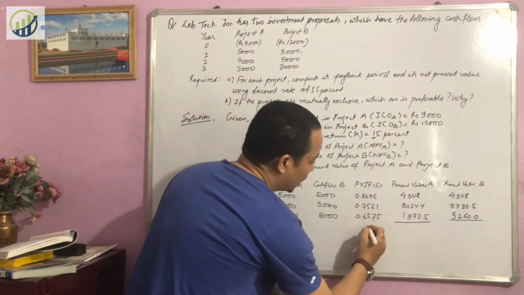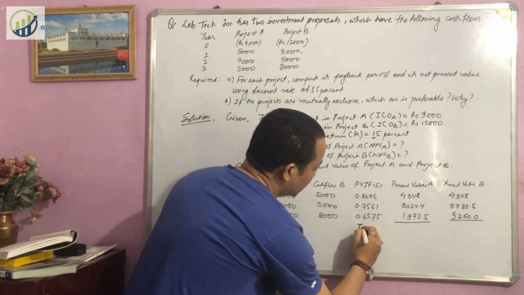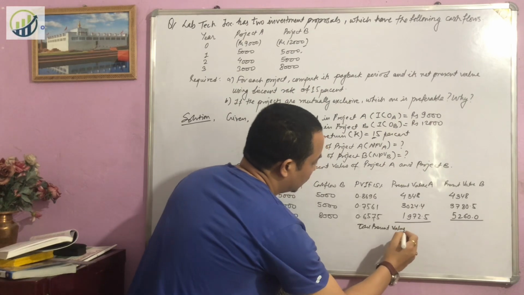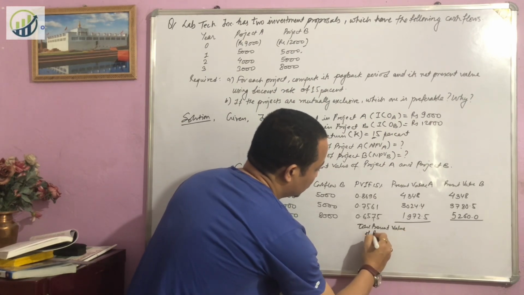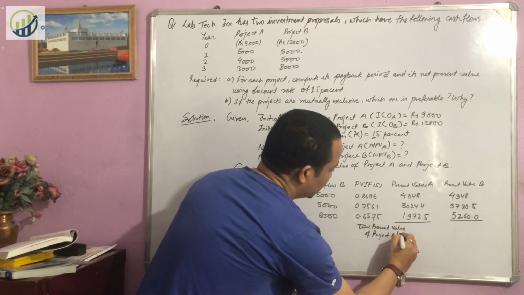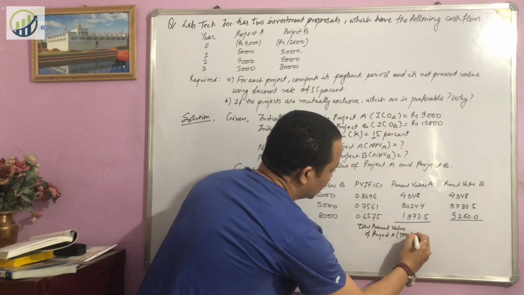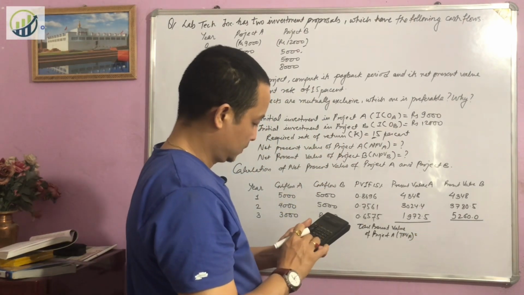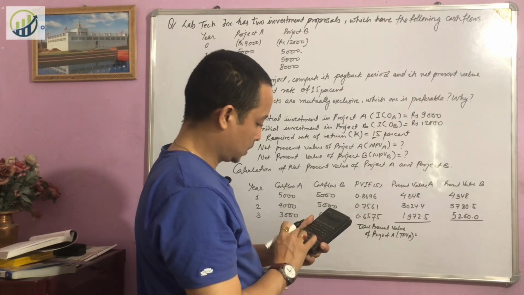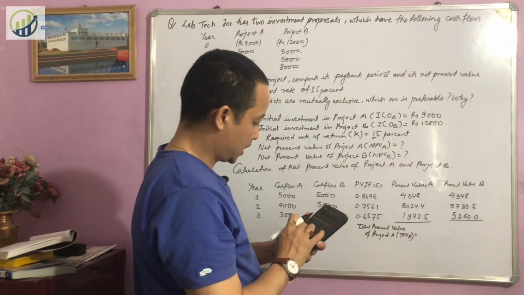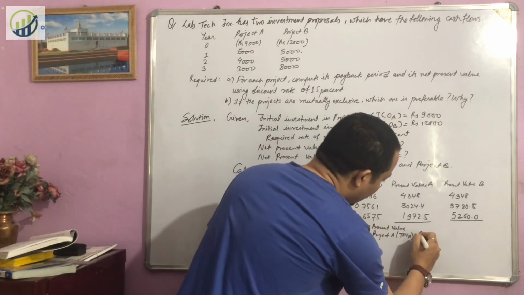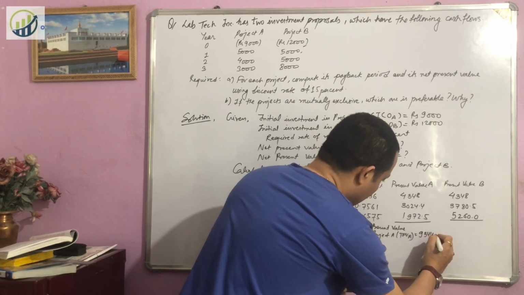So now you can see the total present value of project A. Shortly you can write TPVA equal to 4,348 plus 3,024.4 plus 1,972.5, that is 9,344.9.